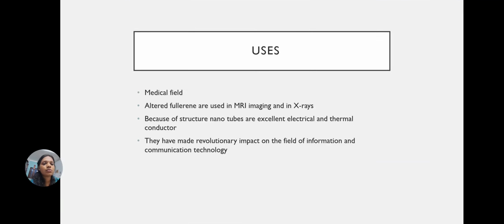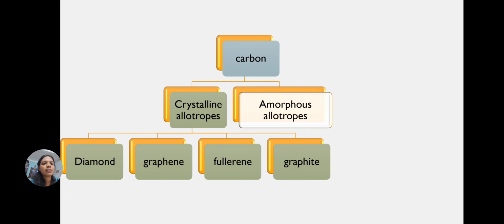Okay, let's conclude the topic with the carbon crystalline allotropes and amorphous allotropes. There are two categories. We learned what crystalline carbon allotropes are and a classification system for them, although that classification system is not shown here.